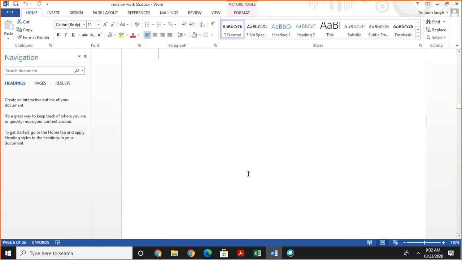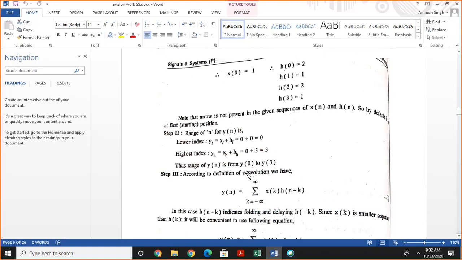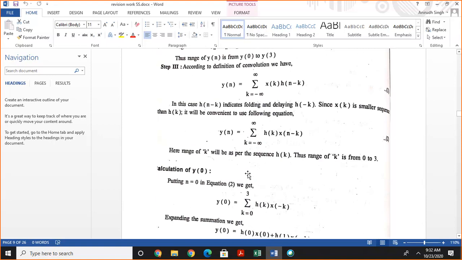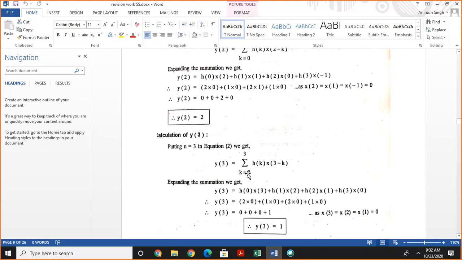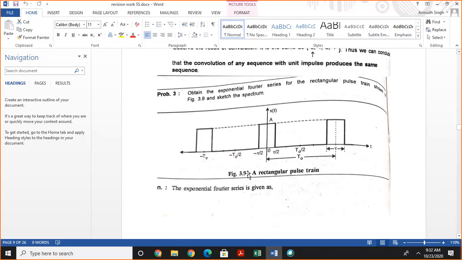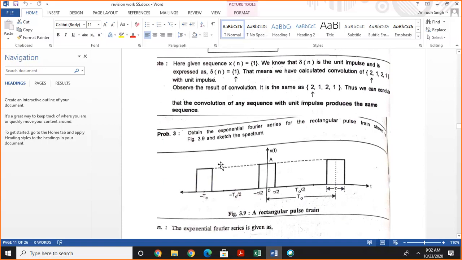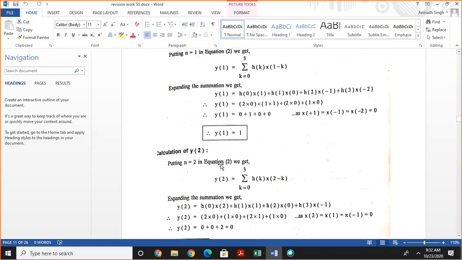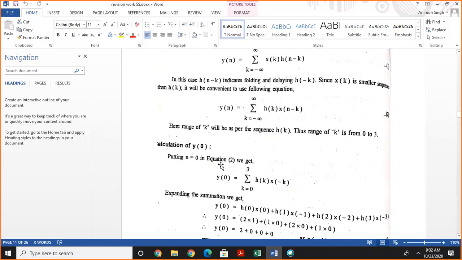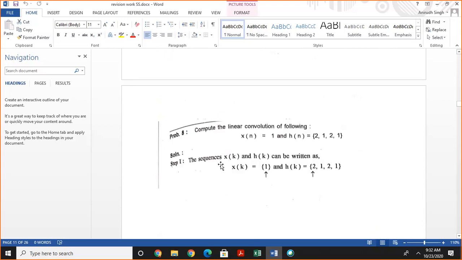But if we add x1n and x2n, we get a times x1n plus x2n plus b. So the system is non-linear. Simply, this system is a causal system because the output depends upon the present input, and it is shift invariant.